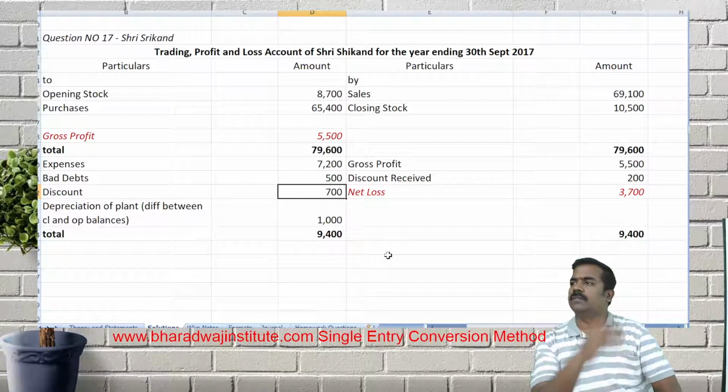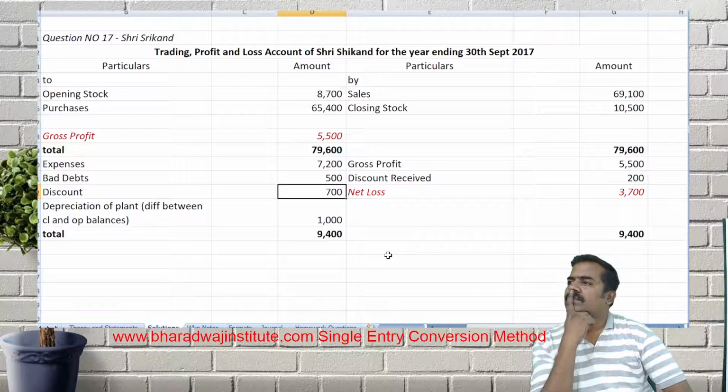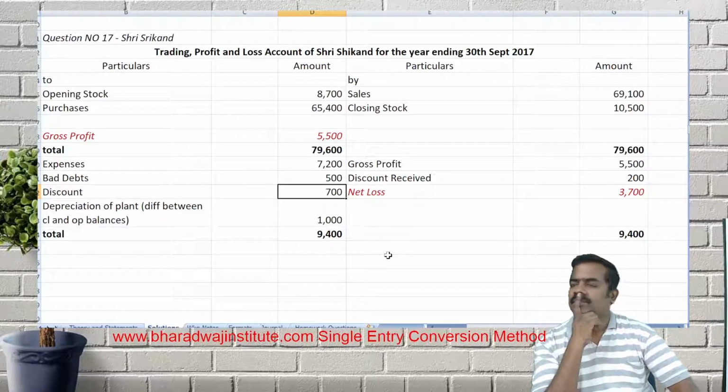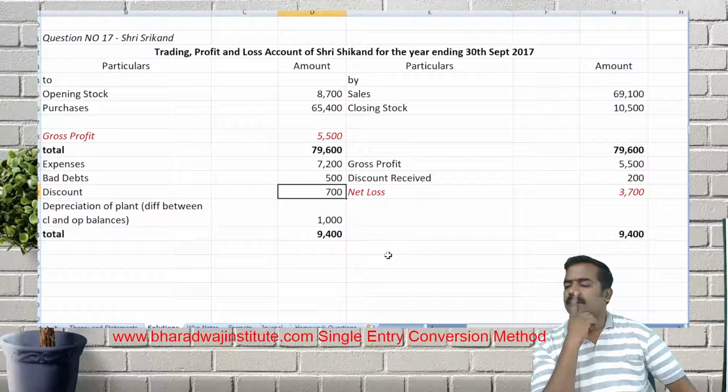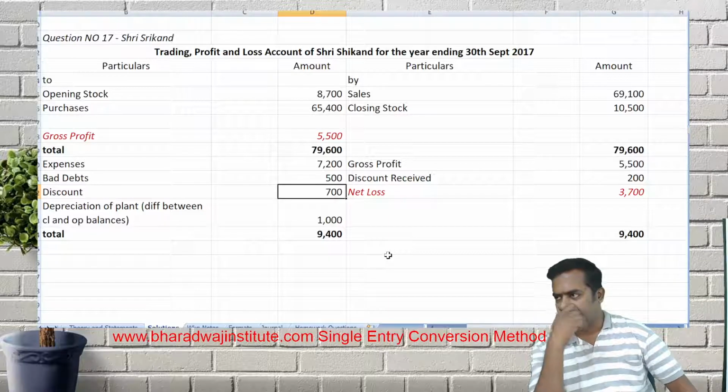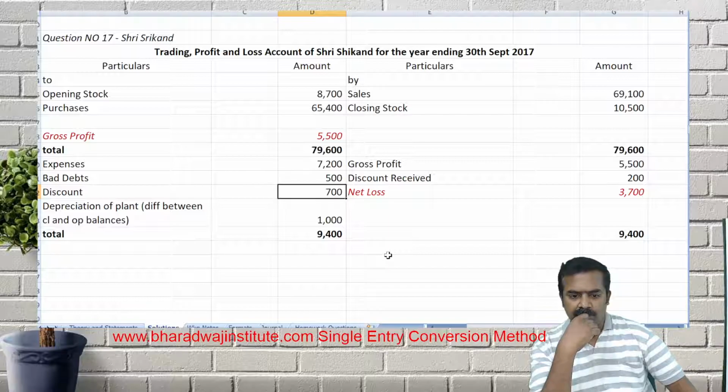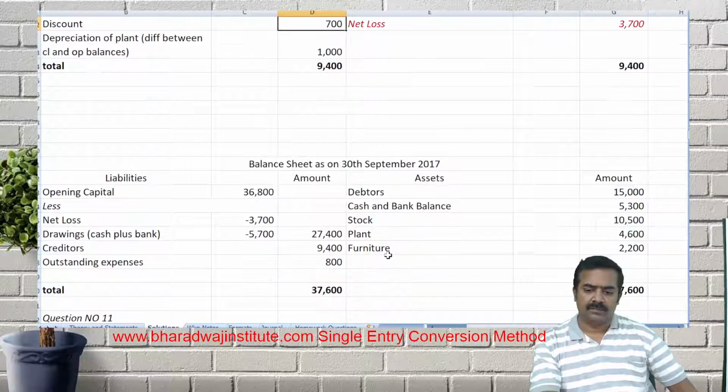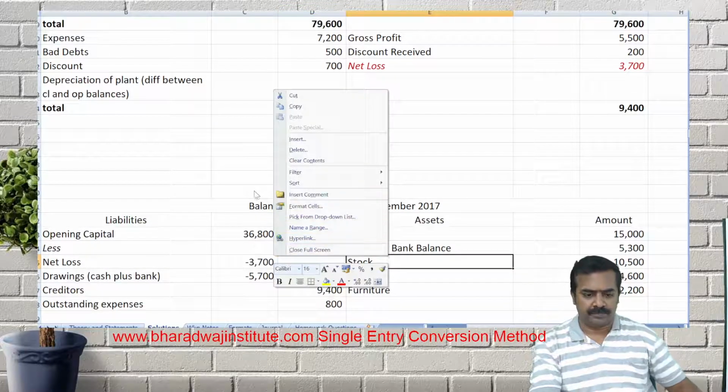Any answer? Gross profit 5,000. Loss 3,000. Correct. Balance sheet total 37,600. Correct.